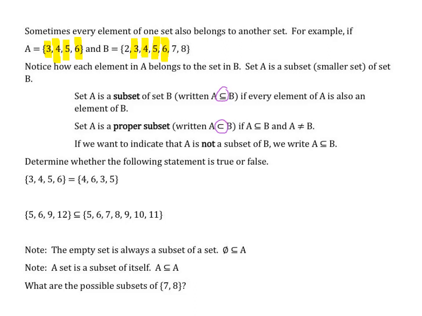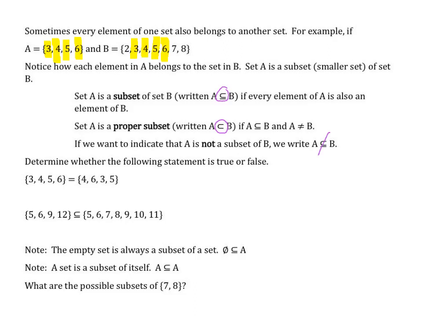If A is a subset of B and A does not equal B, meaning they don't have the exact same elements, we would say that in our example above, it is a proper subset. If we want to indicate that A is not a subset, so they're not a smaller set, we would write that A is not a subset of B.